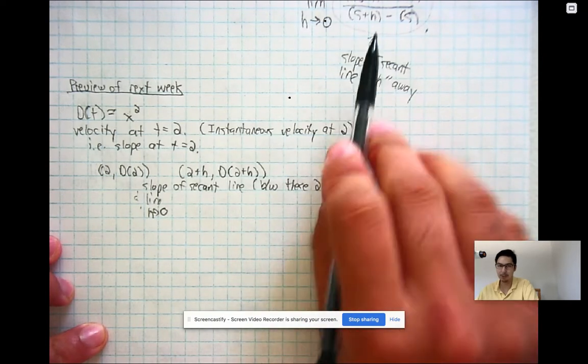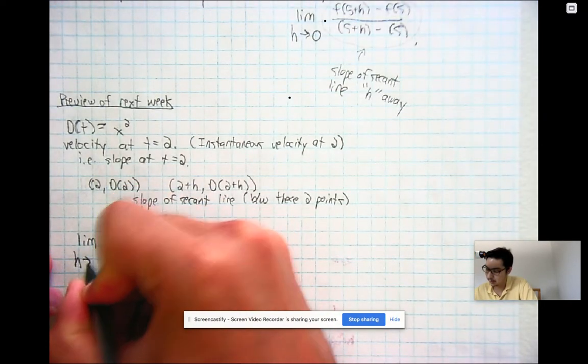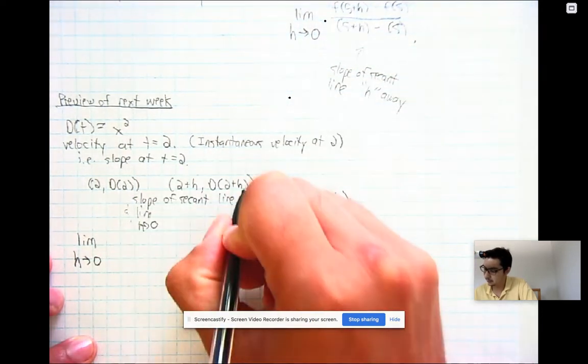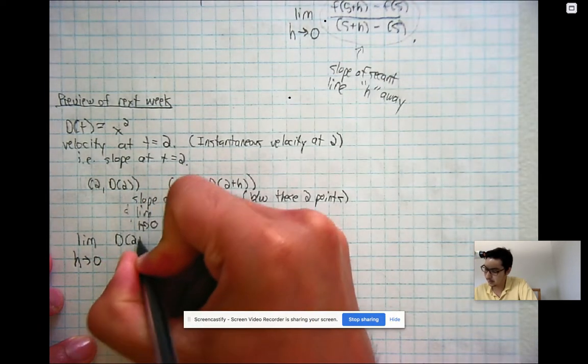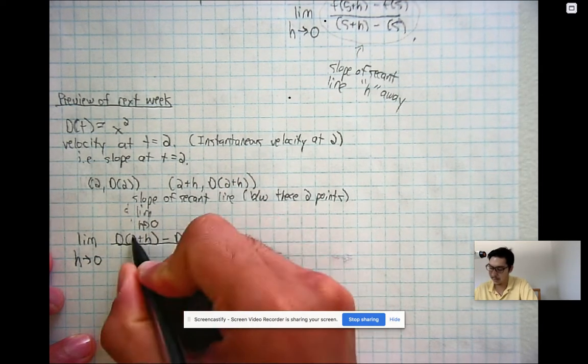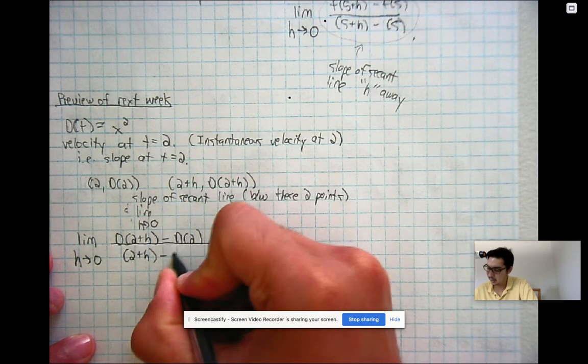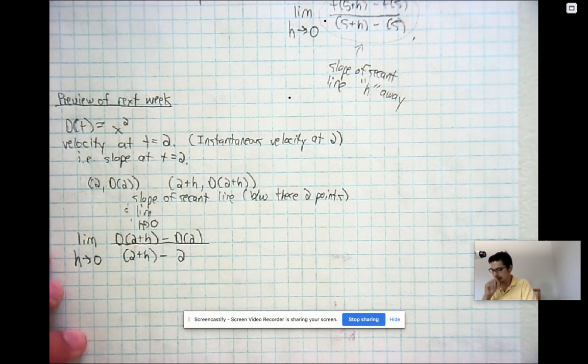Using what we just did up here, it's going to be the limit as h approaches 0 of d of 2 plus h minus d of 2, that's the y values, y2 minus y1, over x2 minus x1. Now we simplify this.